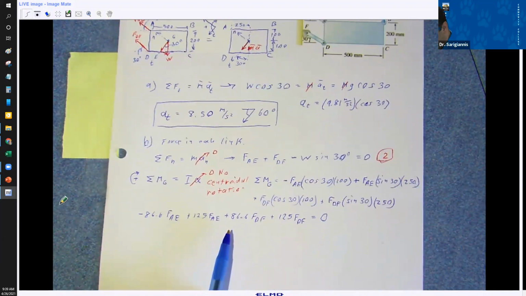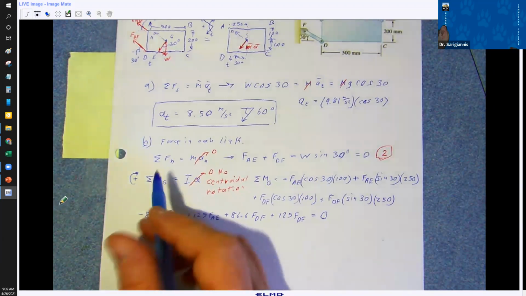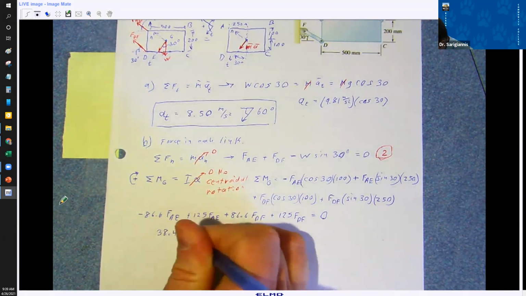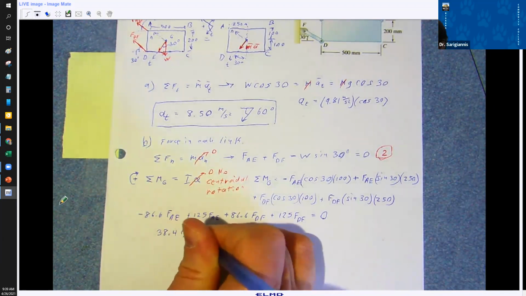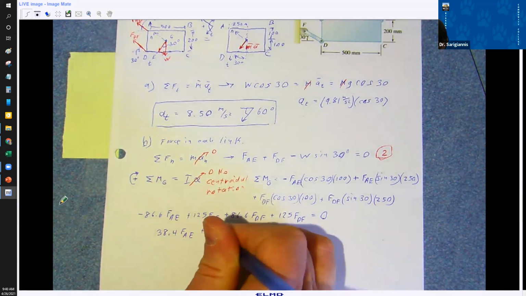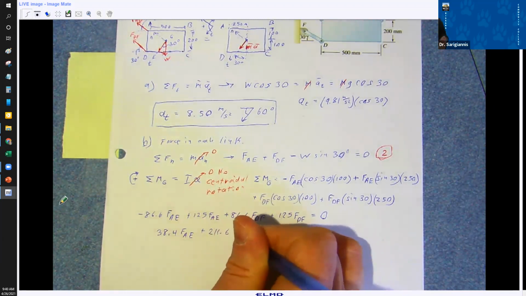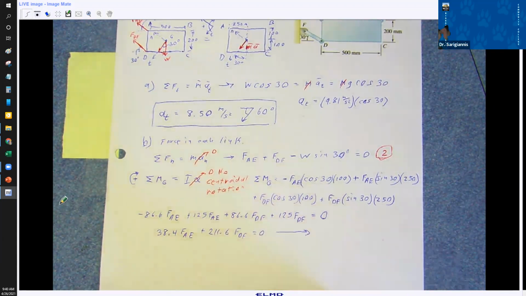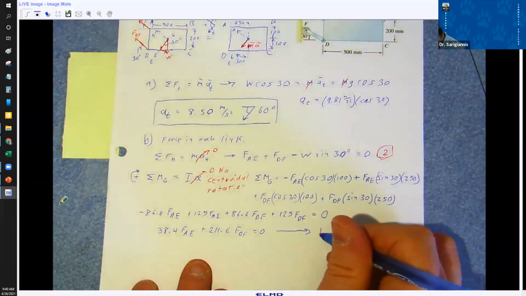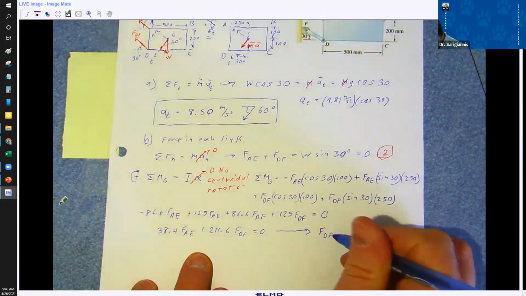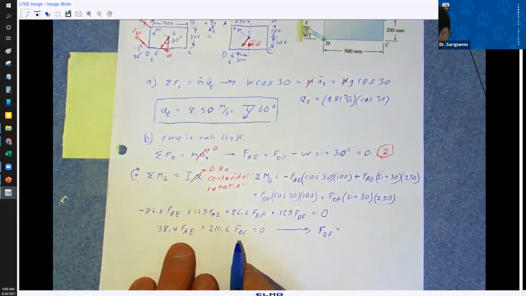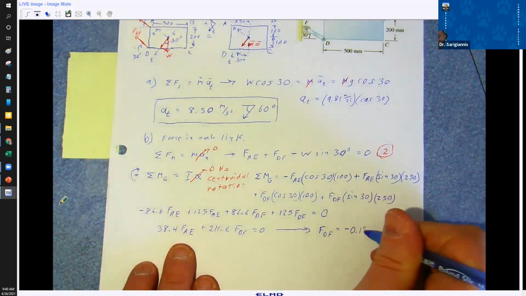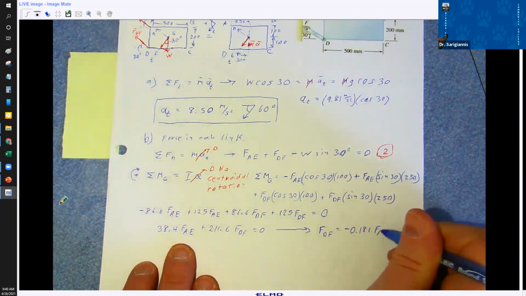So let's see, I wind up lumping terms here, and I get 38.4 FAE plus 211.6 FDF equals 0. I can write FDF and FAE in terms of one another. I've got a negative 0.181 FAE.